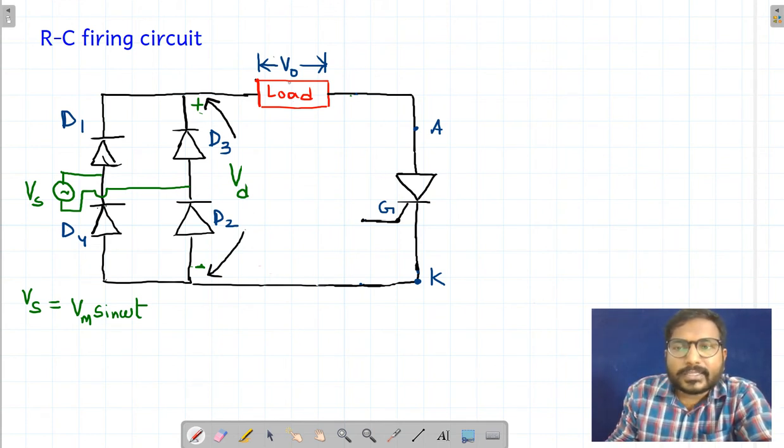My first aim is to turn on the load, or to measure the V naught. Let us suppose the load is an R type of load. What is the voltage?